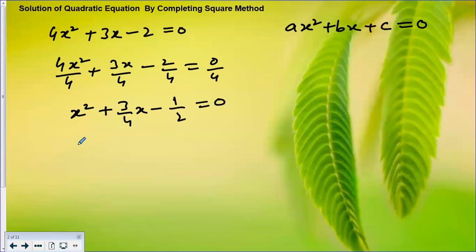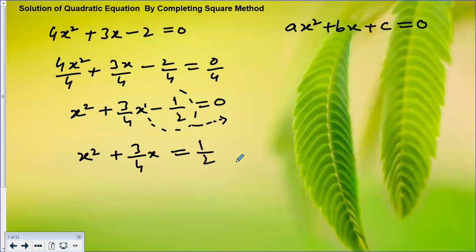Okay, the third step, we need to shift the constant term. Here negative 1 over 2 is our constant term, so we shift it to the right side and it will become plus 1 over 2.